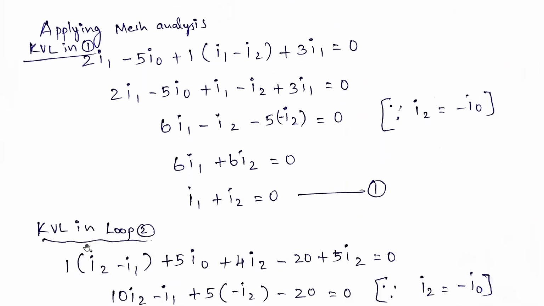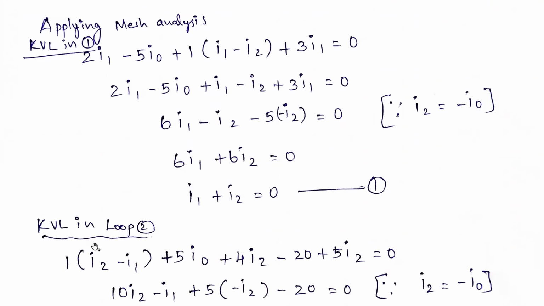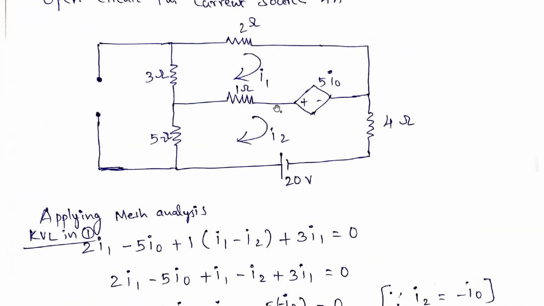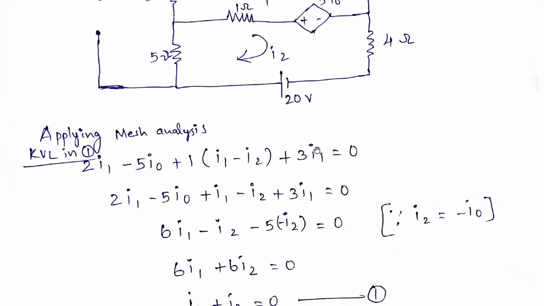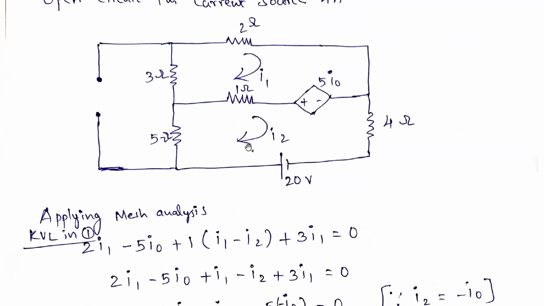Next, applying KVL in loop number 2. Similarly, 1 into I2 minus I1. The current is flowing positive to negative, so we take positive 5 I0 plus 4 into I2.